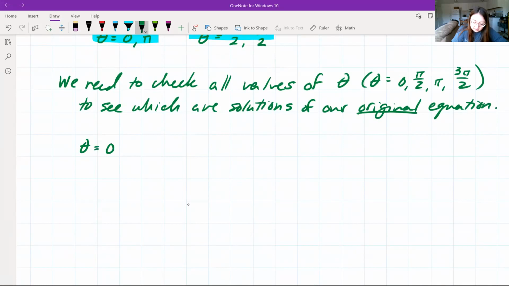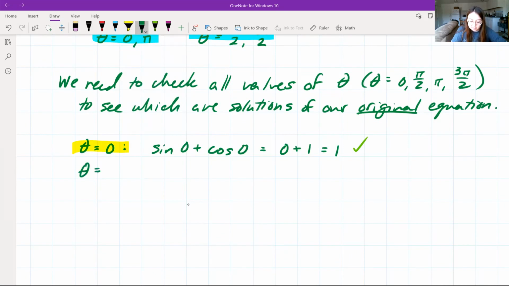So starting with theta equal to 0, if we have sine of 0 plus cosine of 0, this ends up being 0 plus 1, which is equal to 1. So this means that this is a solution. Theta equals 0 is a solution, so let's highlight that in yellow.